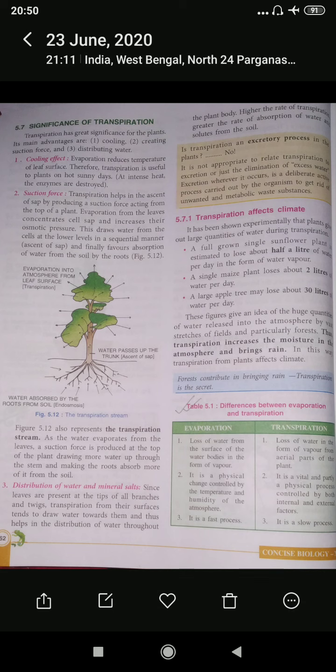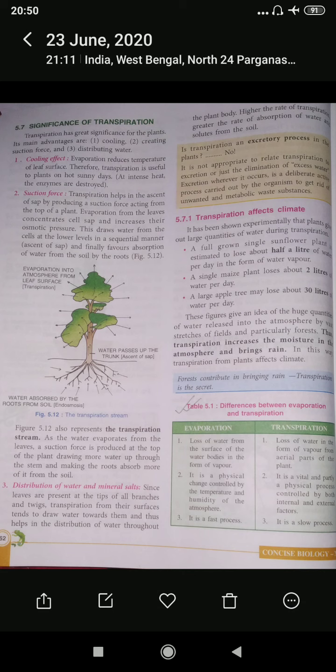Now, as we are talking about the importance of transpiration, there are also some disadvantages of transpiration. Excess transpiration causes loss of water from the plant, which may cause wilting.